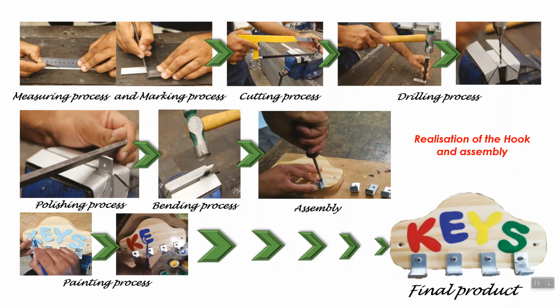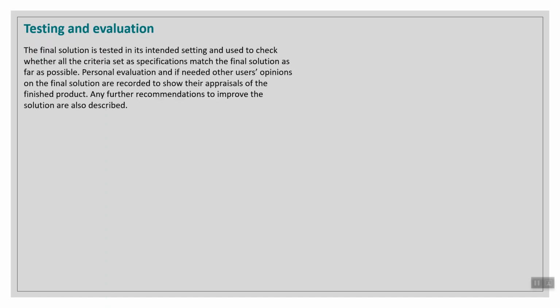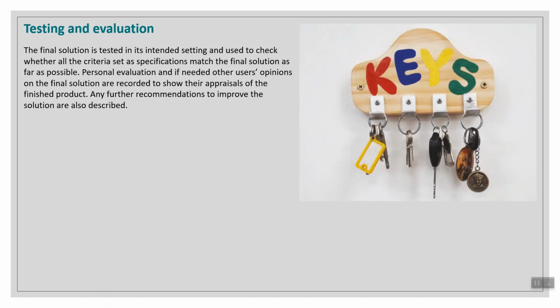Okay? After the realization step, then we must test the product and make an evaluation: is it good or not? So after the testing, we will put the realized product into situation. Since it is supposed to hold keys, I will put some keys into it and see if it works.